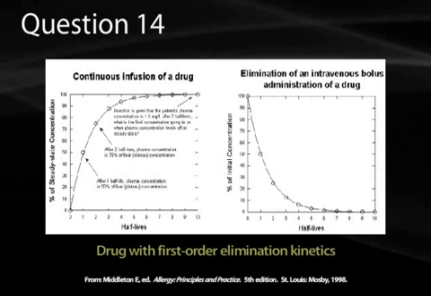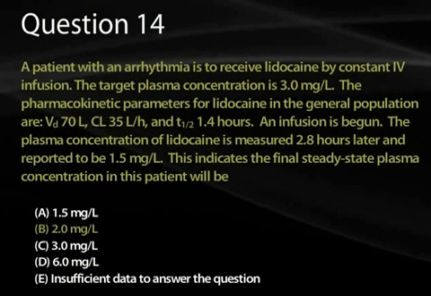No matter what the drug is, no matter what the half-life is, as long as there are first-order elimination kinetics, after 2 half-lives, if the drug is being continuously administered, the plasma concentration at that point will always be 75% of the maximum. So if this equals 1.5, then this equals 2. And this equals 1, and this equals 0.5. Okay.